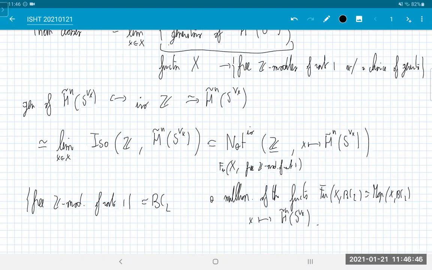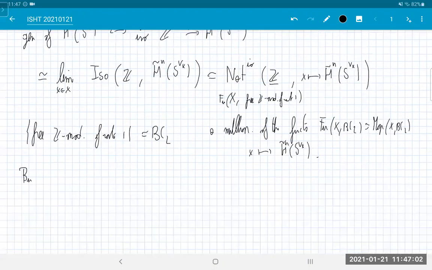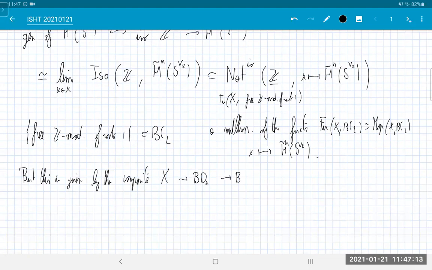And what I was trying to say before, with saying that these actions factor through the action of ON, is exactly telling you that this null homotopy is the null homotopy of this composite map. And this is given by the composite X goes to BON goes to BC2.